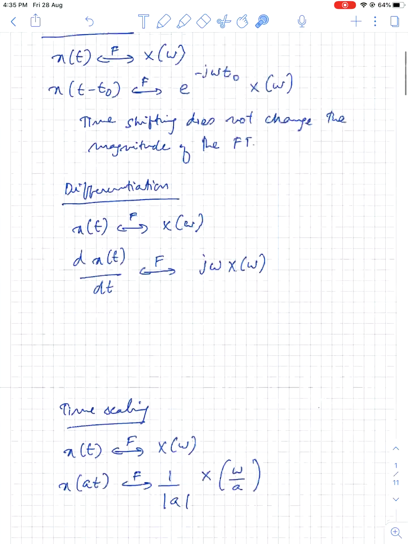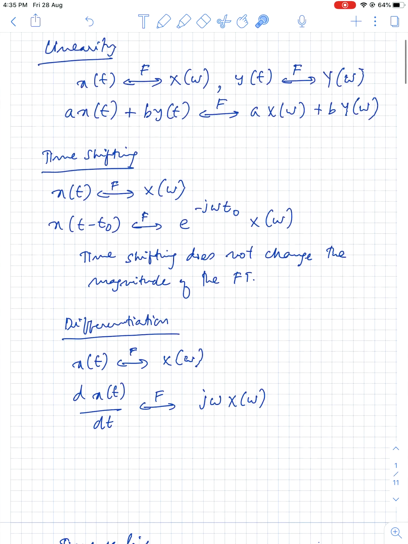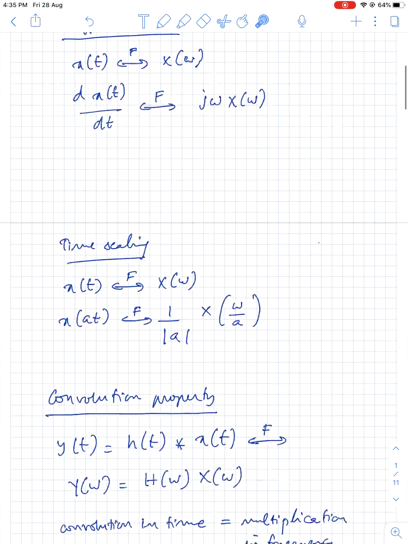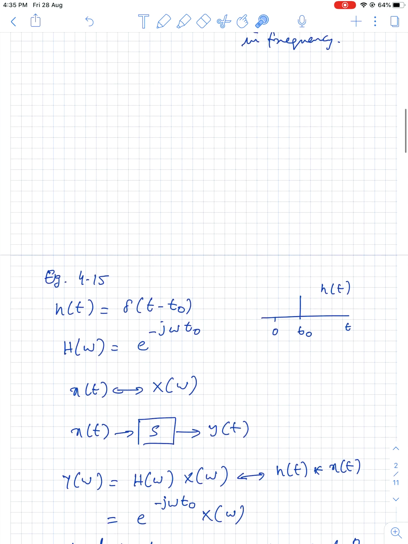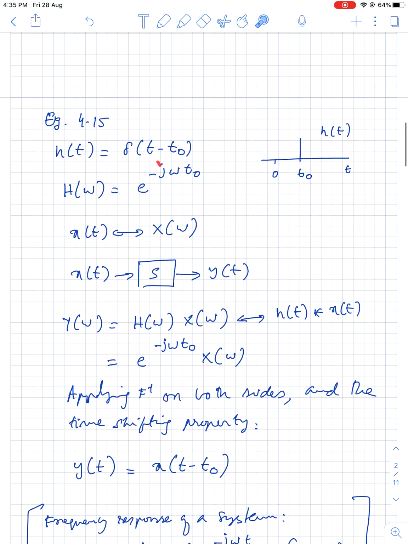And from the time shifting property which we saw here, if delta of t has a Fourier transform equal to 1, delta of t minus t naught will have a Fourier transform e raised to minus j omega t naught multiplied by 1, which is essentially e raised to minus j omega t naught. So this one has this Fourier transform.